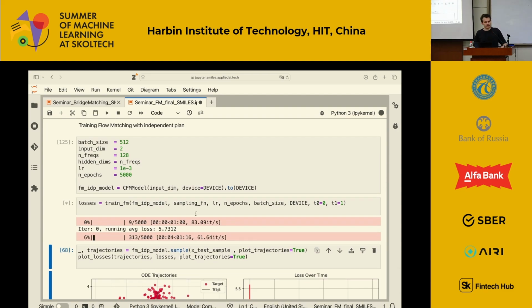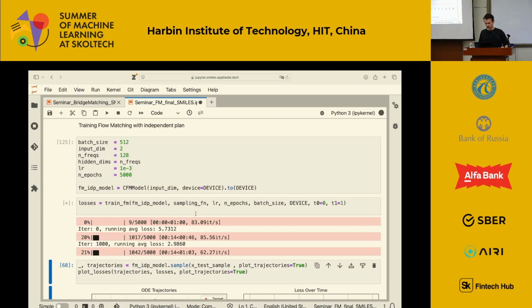So while it trains, the independent transport plan that we use here is not an optimal transport plan, like in almost any sense. But it is good when you do not have some kind of prior information on pairing from your data.